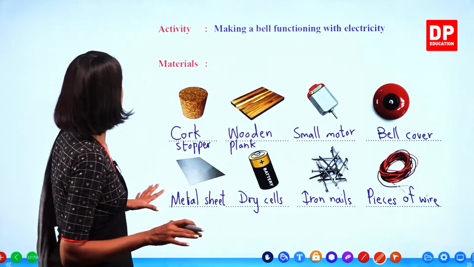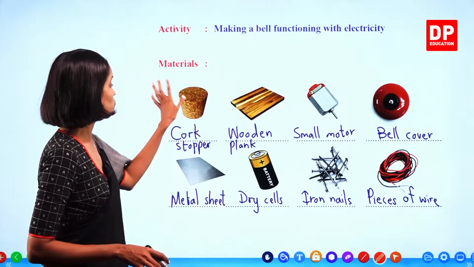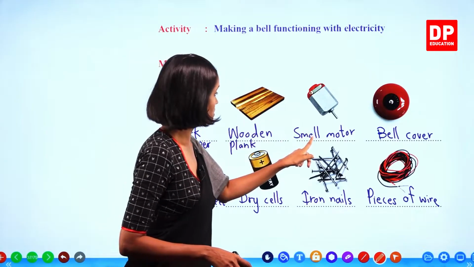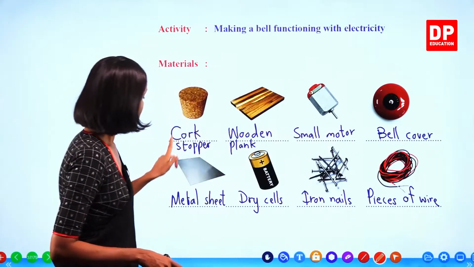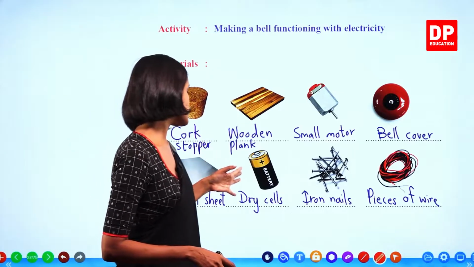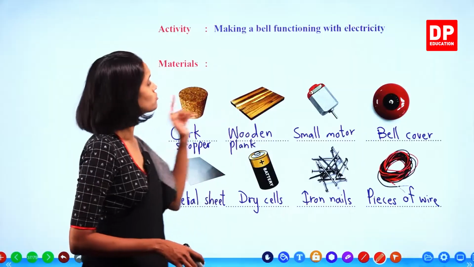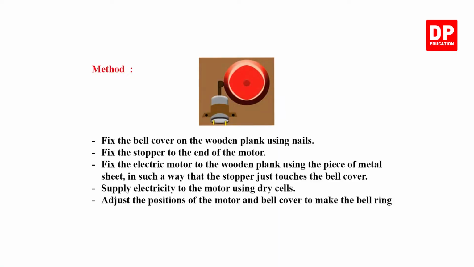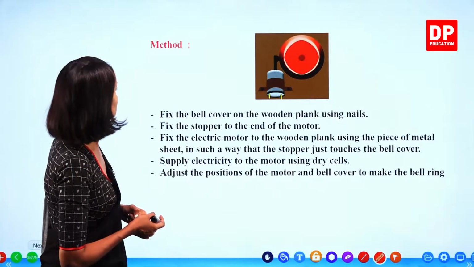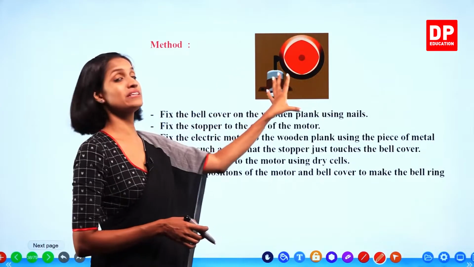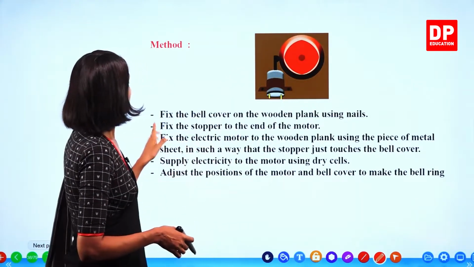Right, children? Cork stopper, a wooden plank, a small motor, a bell cover, a metal sheet, dry cells, iron nails, and pieces of wire. So how to do this activity? Let's see. This is the method. A diagram is also given showing how to make the setup, okay?